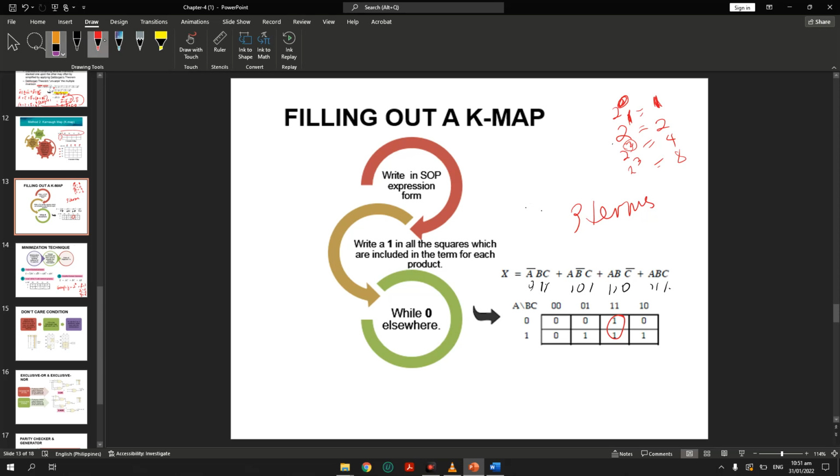So before you group, you try to determine or you try to maximize your grouping. Say we can group this one as itself, but there is an adjacent one here. May adjacent pa ta nga 1 dya, which we could still use to group.